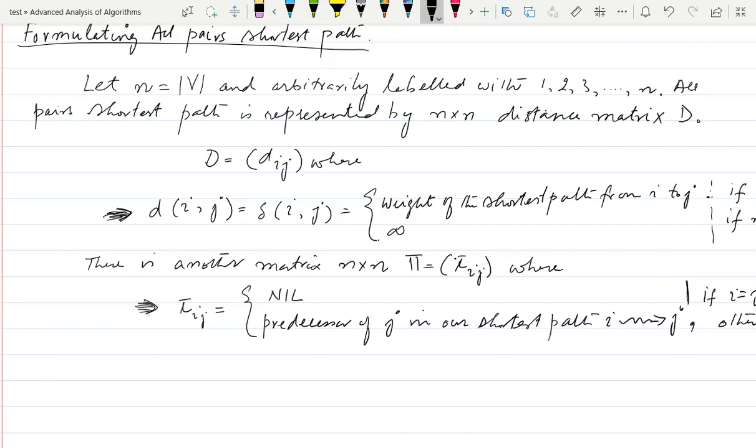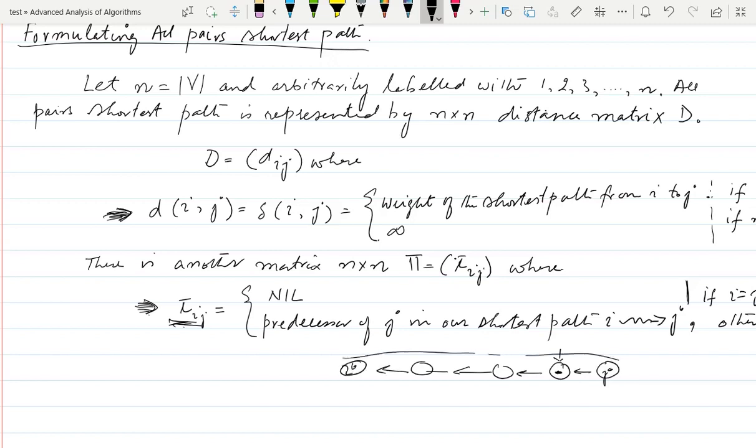You start from the very end, whatever j is, then move towards its predecessor read from the pi matrix, then the predecessor of that node is read again from this matrix, and we continue going backwards towards the starting node i.